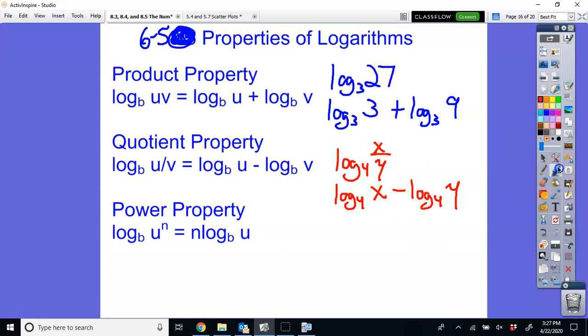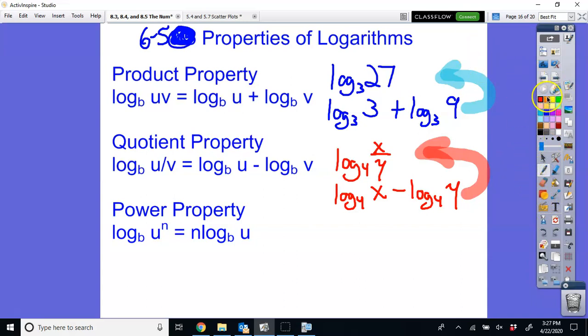And like I said, you can go backwards from here to here. If you have 2 logarithms that have the same base subtracting, you can put them back together with division. If you have 2 logarithms that have the same base adding, you can put them back together with multiplication. So you can go backwards and forwards with these properties.